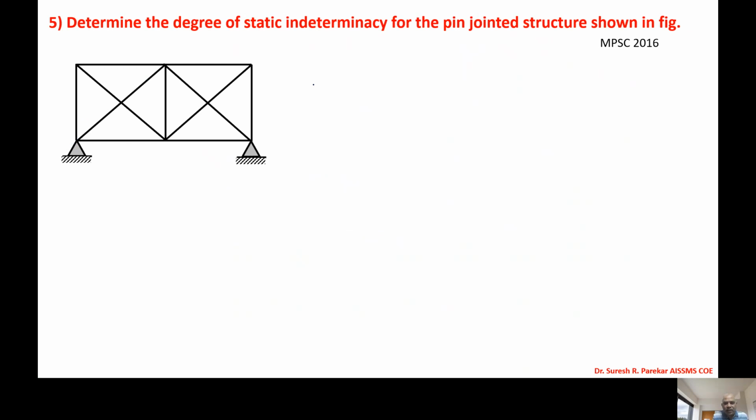This is pin jointed. Now if we calculate M, we have 1, 2 horizontal, 4 vertical, 4 or 3, 7, and then inclined 4. So total M we have 11, J we have 6, and R we have 4.